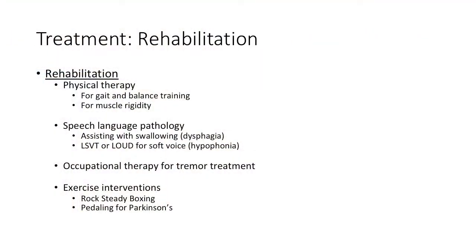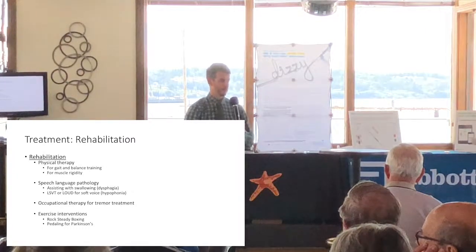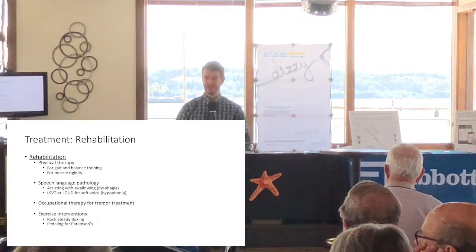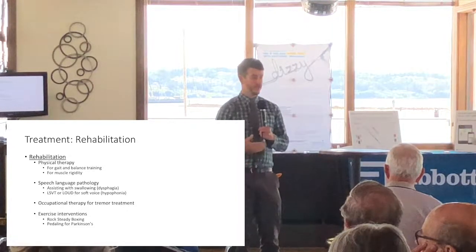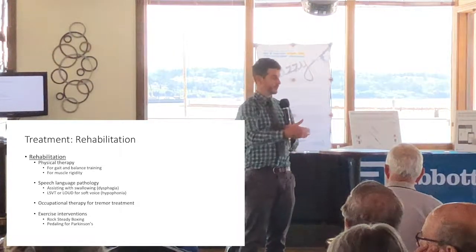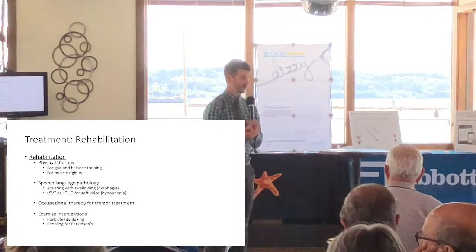Rehabilitation is super duper important, and there are a bunch of different ways to do rehabilitation. Whenever you come to see me, we ask a lot about speech and swallowing and balance and gait and movement and cramping and a lot of different things, because these are all things that can be treated by rehabilitation. So a lot of the times we recommend physical therapy for gait and balance.